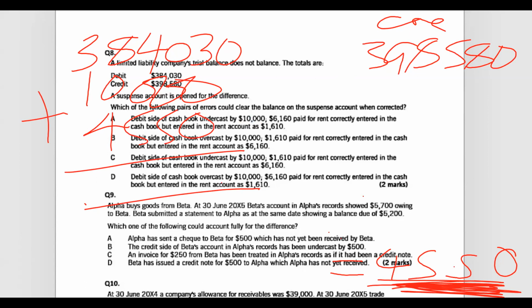It gives you 398,580. So it balances, right? So the question, could this have been the error? Obvious, isn't it?